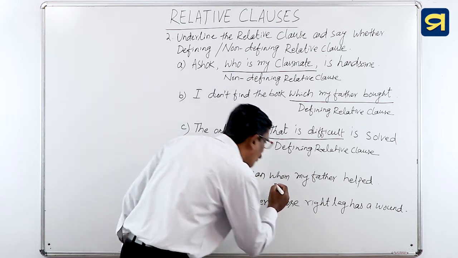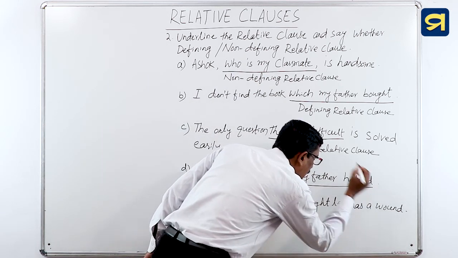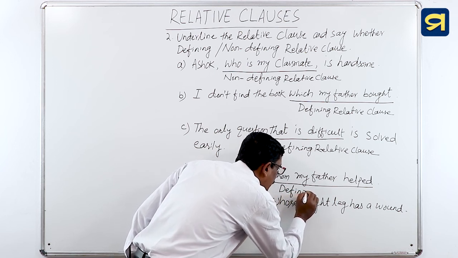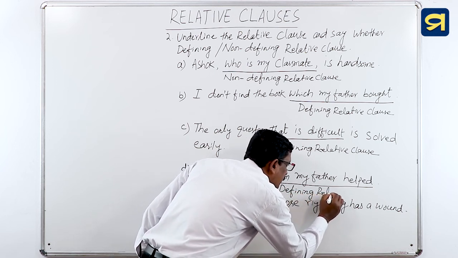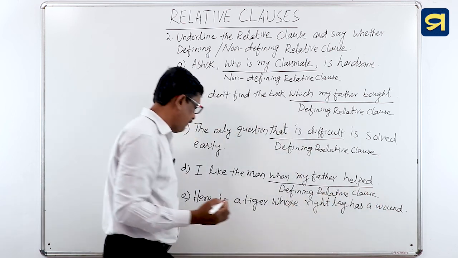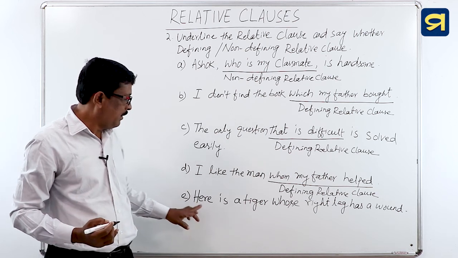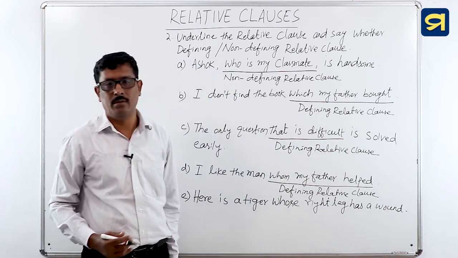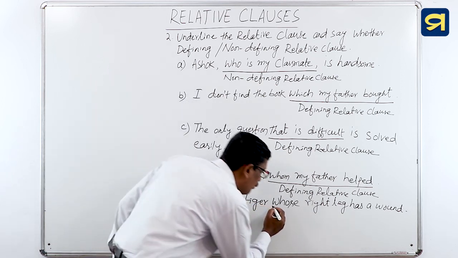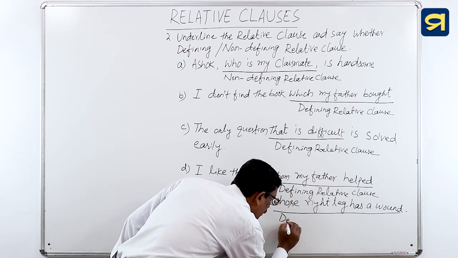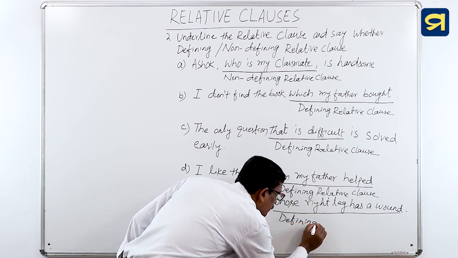Very good. Whom my father helped is the relative clause and it is a defining relative clause. E. Here is a tiger whose right leg has a wound. Very good. Whose right leg has a wound is the relative clause and it is also a defining relative clause.